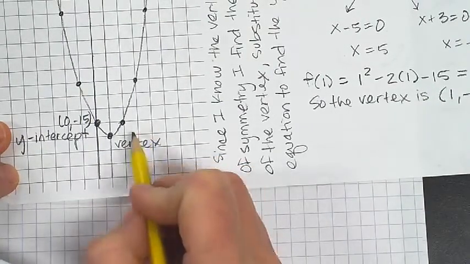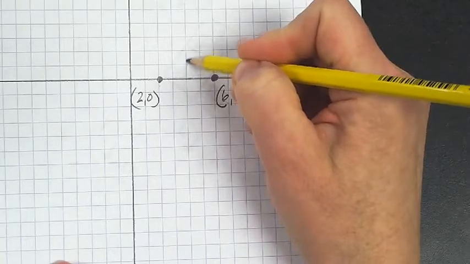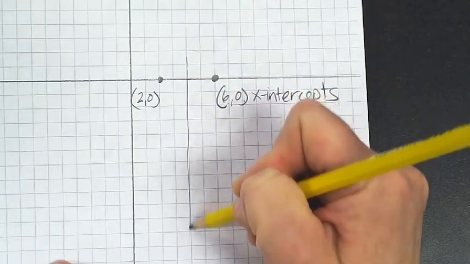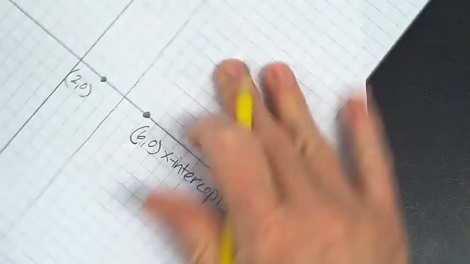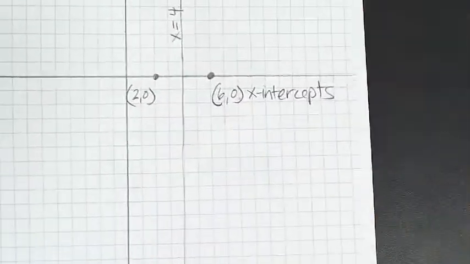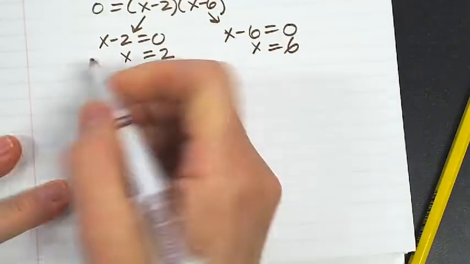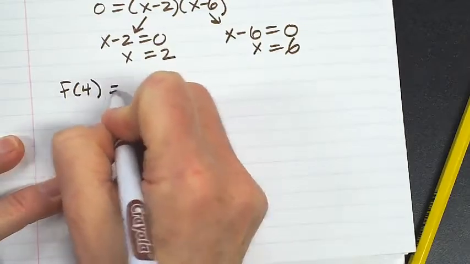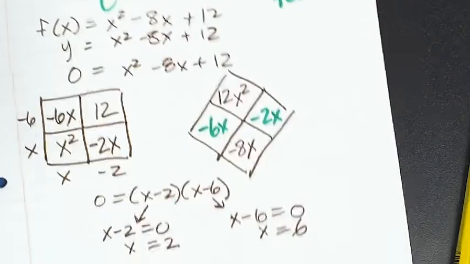So you're doing the same process. On this one, I know that the line of symmetry is going to be in the middle of these two x-intercepts, so it's along this line right here, and all the points on that line have an x-coordinate of 4. That's the line x equals 4. So I'm just going to take 4 and substitute it into my equation. I'm just putting 4 in the place of x.